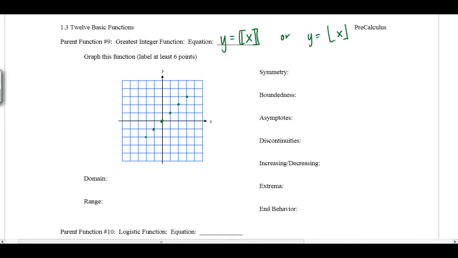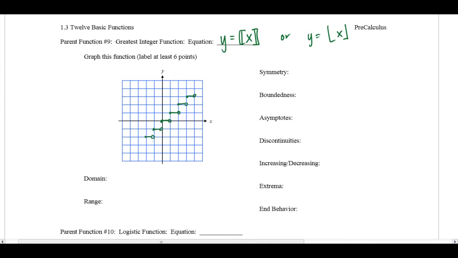In fact, everything between 0 and 1 would be rounded down to 0, except then 1 would jump up. Everything between 1 and 2 would be rounded down to 1. And so this graph has what looks like a bunch of steps. A lot of people call this a step graph. Because you're always rounding down the values that you have, it creates this beautiful step.